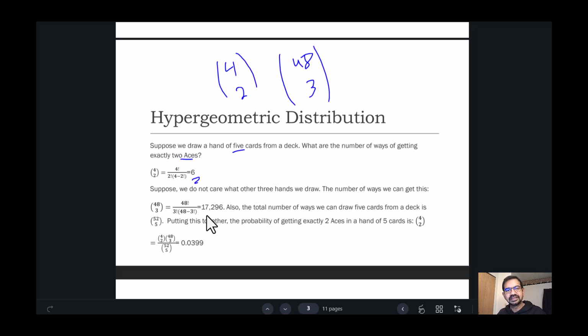These tell us the possibilities of drawing those hands, but then we have to divide by how many ways we can draw a hand of 5 from a deck of cards. So the denominator is 52C5, and the probability of that is 0.0399.